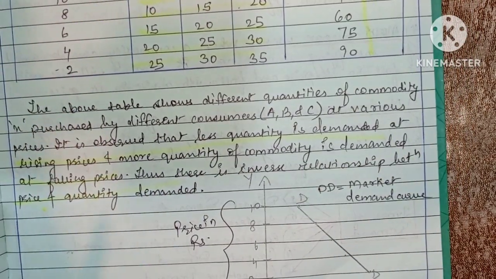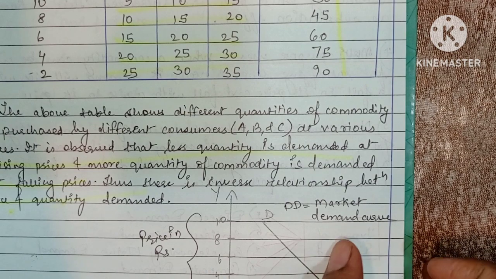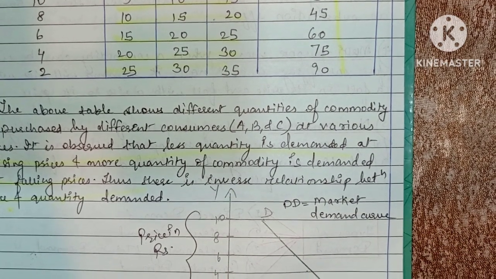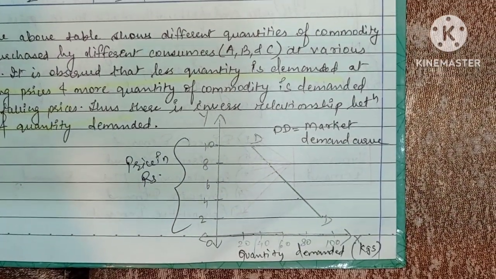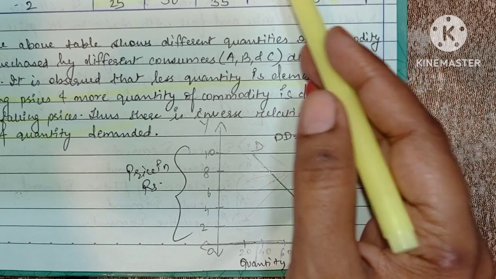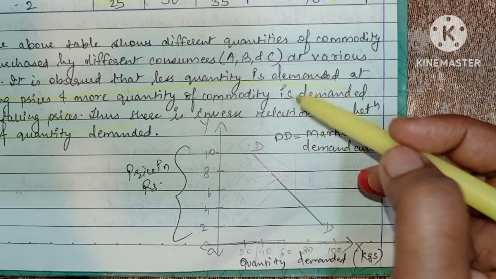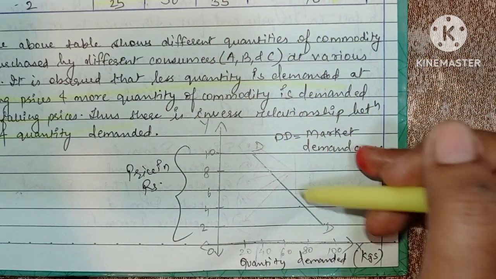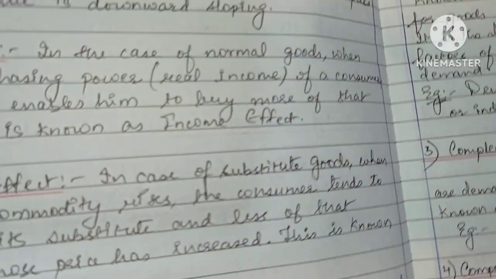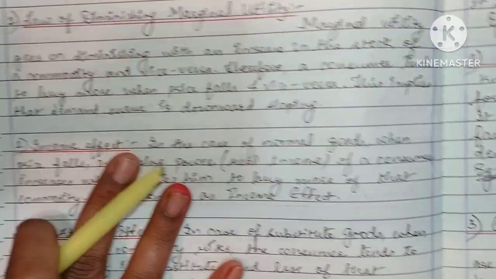So if you see, the curve is also the same when you draw it for market demand schedule. It's the same, only the difference is the total demand curve, we have to add it for 3 consumers. But if you see, the slope is slanting like the individual demand curve. But when you have to write the answer, you have to explain all these things.